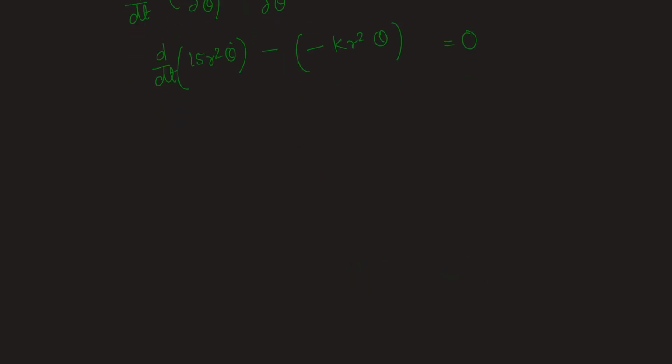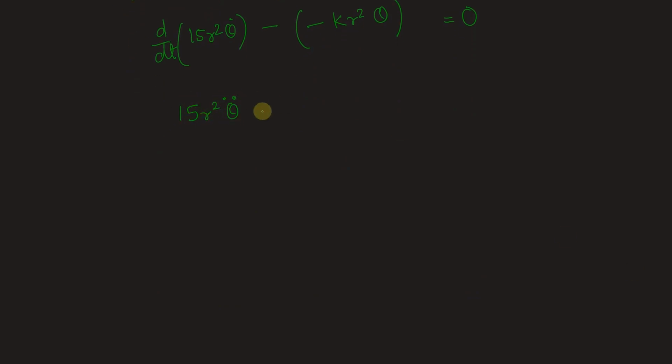Further, taking the time derivative of the first term, we get 15 r square theta double dot plus k, which is nothing but 1500, r square theta equal to 0. Taking r square common and dividing it with 0 on the other side, we get 15 theta double dot plus 1500 theta equal to 0.